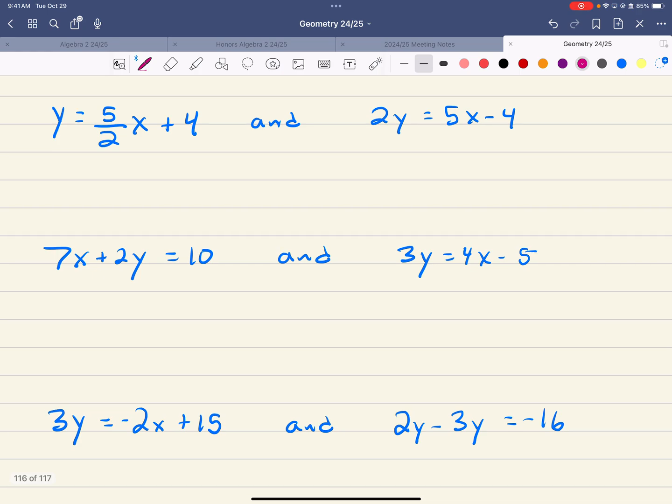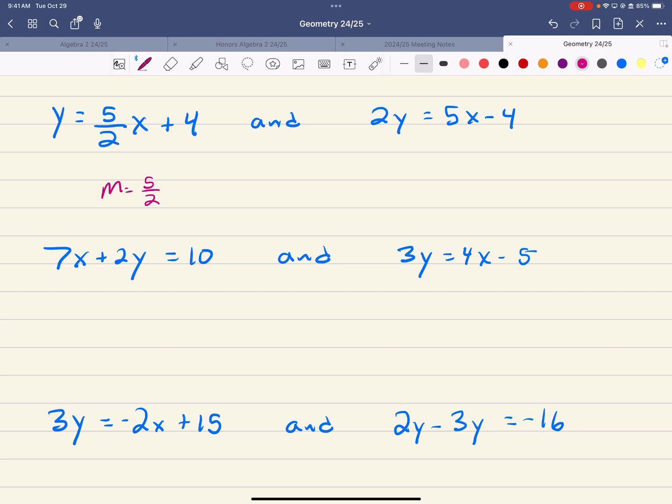Second one. Got y is equal to 5/2 x plus 4. Straightforward. Slope is given to us. The slope of this one is equal to 5/2. Second one, it's not in slope-intercept form.